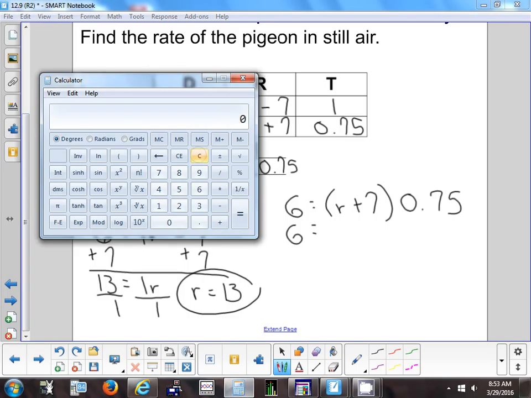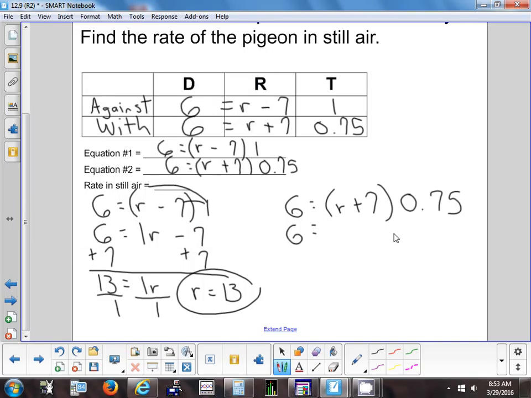So now, Mr. Roy is taking 0.75 and he's going to distribute it out. 0.75 times 7 is 5.25. And then we know that 0.75 r. I just distributed these two things, guys. Like I said before, usually the number is before the parentheses.